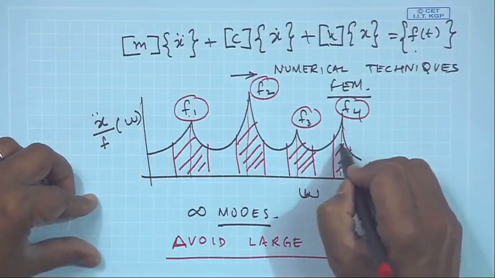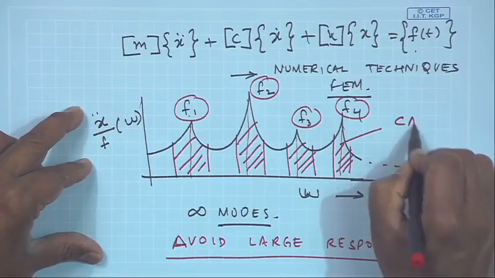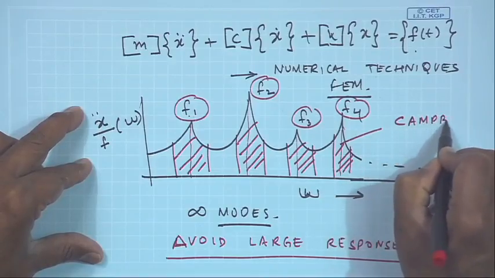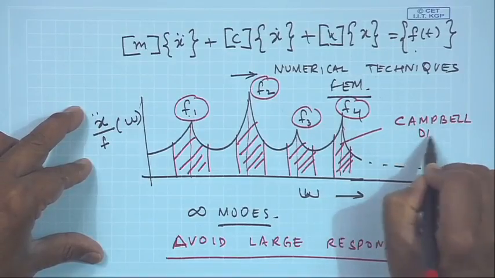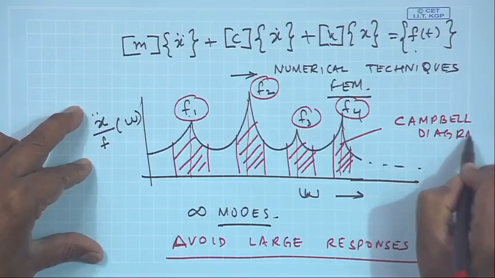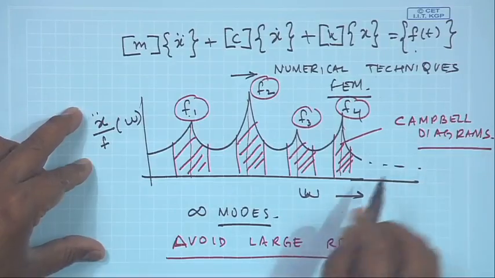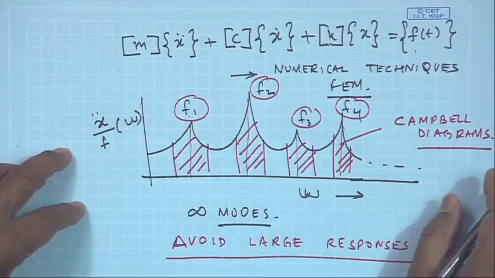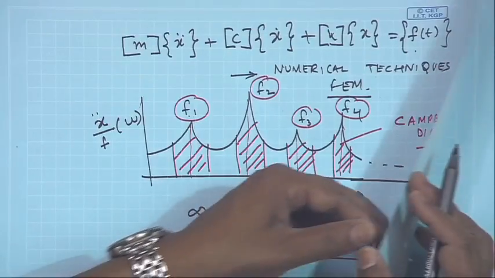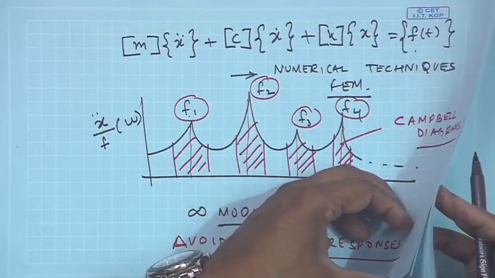This is what we would have seen in rotordynamics in Campbell diagrams. We avoid operating at the resonant frequencies. Campbell diagrams plot the natural frequencies versus the operating speed and the modes of the system.